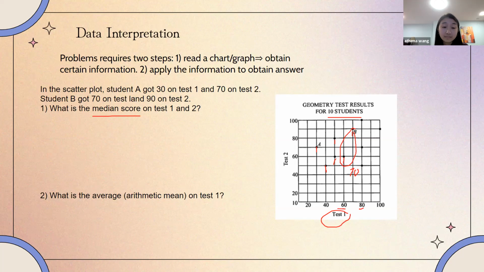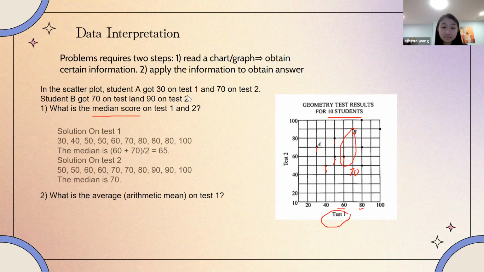Okay, so we have number 1. Oops, I already showed the answer for number 2. The score for the second one is the same whether counting from the largest to the smallest or the smallest to the largest. We just take the 5th and the 6th one because they are in the middle.